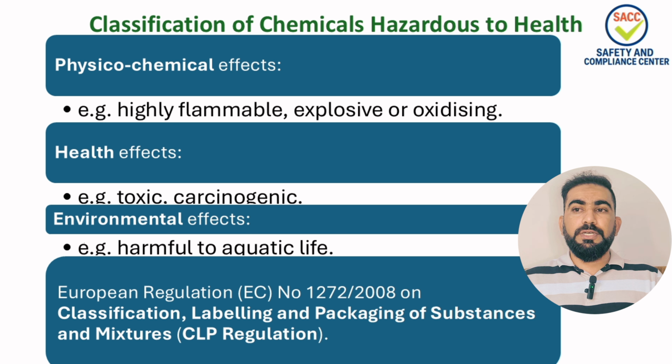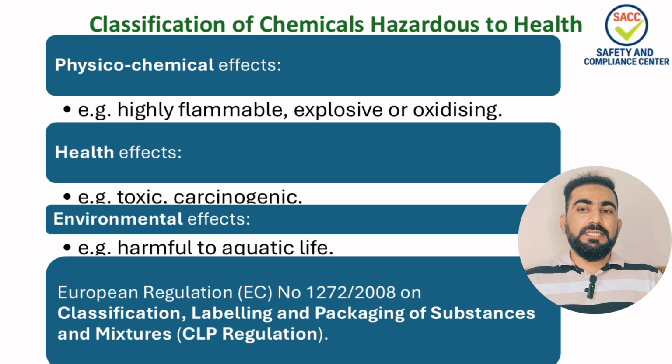There are three main categories: the physicochemical effects. These are related to the physical and chemical properties of a substance. Examples include substances that are highly flammable, explosive, or oxidizing. The health effects: these substances can directly harm our health. For example, chemicals that are toxic and cause cancer or damage organs. The environmental effects: these are substances that can harm the environment, such as those that are toxic to aquatic life.